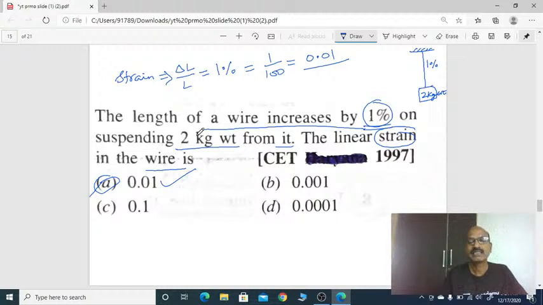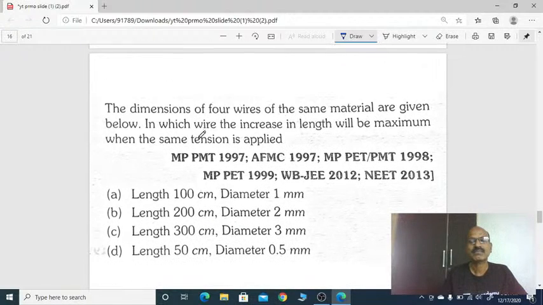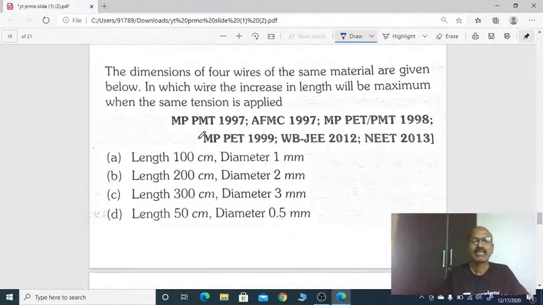Here it is. The dimensions of 4 wires of the same material are given below. In which wire will the increase in length be maximum when the same tension is applied?